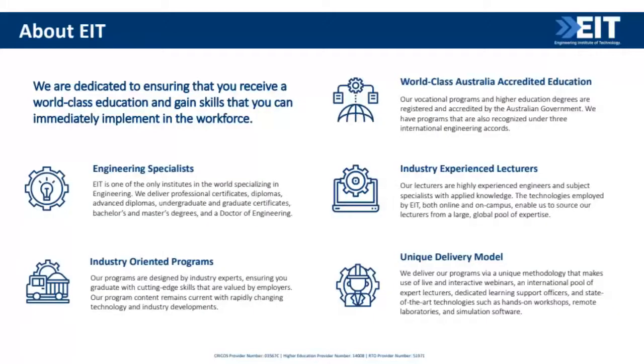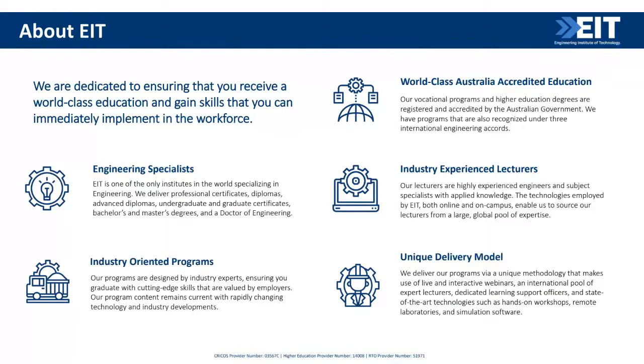And just to provide all of you with a quick overview of EIT, what makes us unique as a provider is our focus on engineering. We are engineering specialists, so we only offer courses in engineering, and we provide courses such as short professional development courses that we call professional certificates.